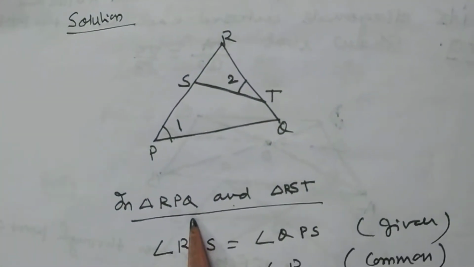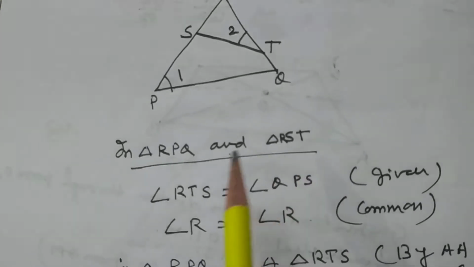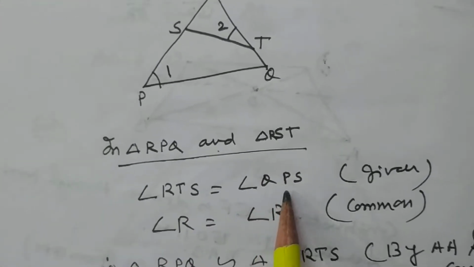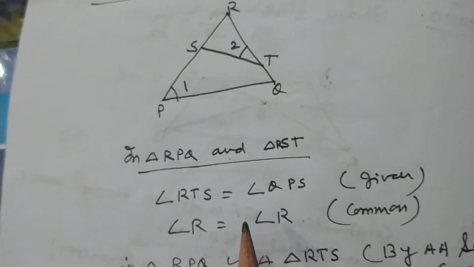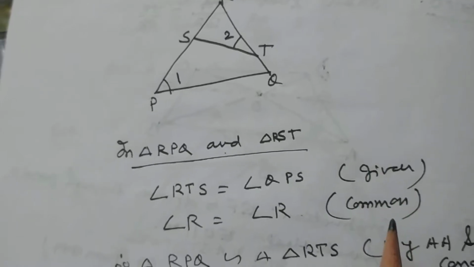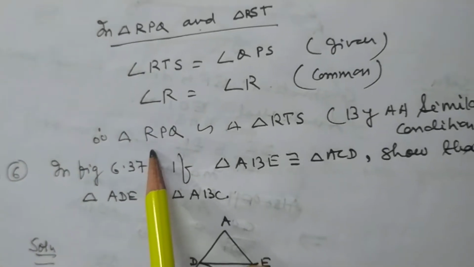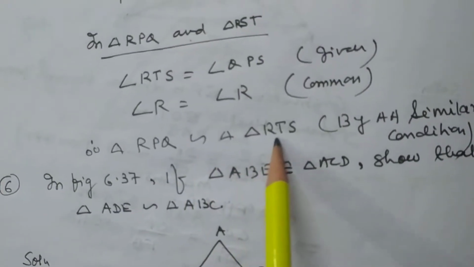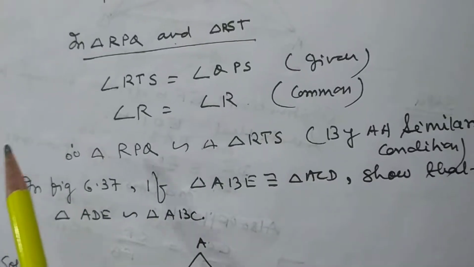My dear student, in triangles RPQ and RTS, angle RTS is equal to angle QPS, given. Angle R is equal to angle R, common. So triangle RPQ is similar to triangle RTS by the similarity condition.